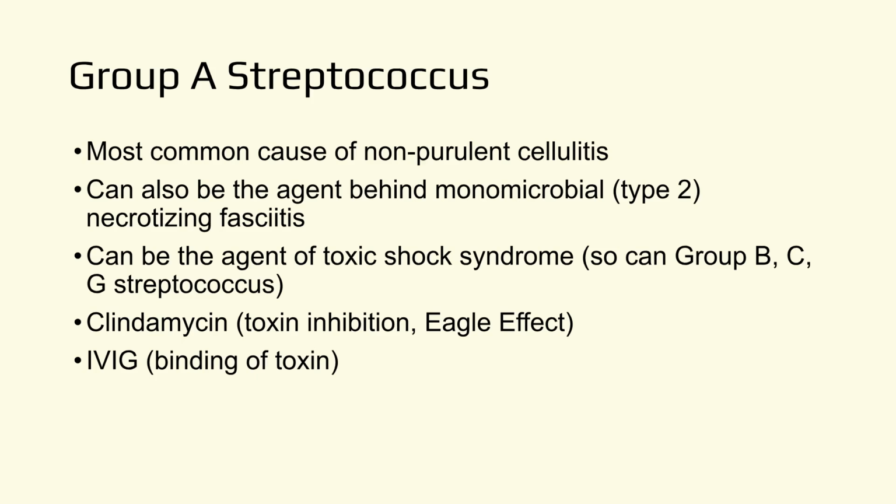This means that cell wall antibiotics don't work as well. Ribosomal antibiotics will inhibit the function of these existing bacteria and cause them to get out of the plateau phase of growth into a logarithmic phase of growth so that they're multiplying very quickly. This makes the beta-lactams more effective. Finally, IVIG helps bind up the toxin.